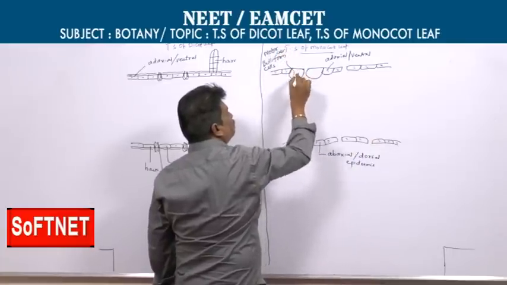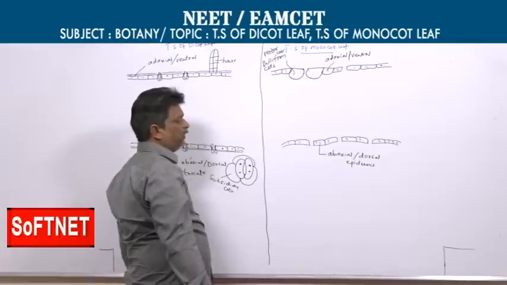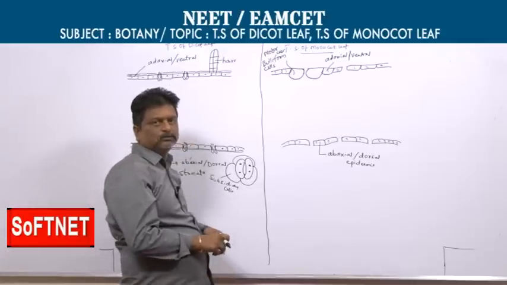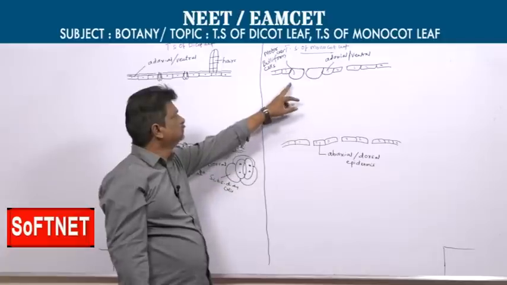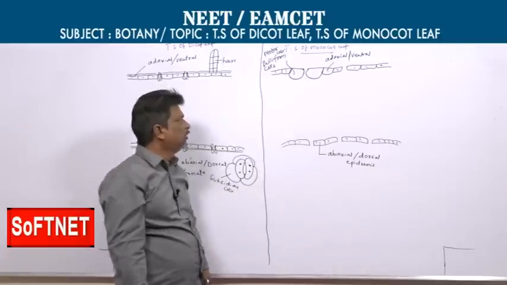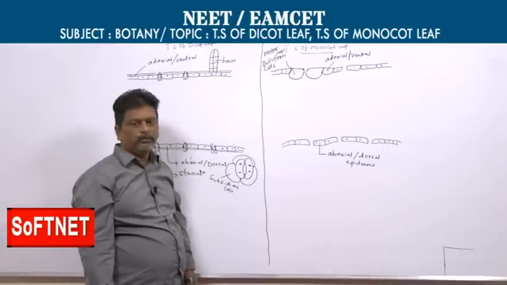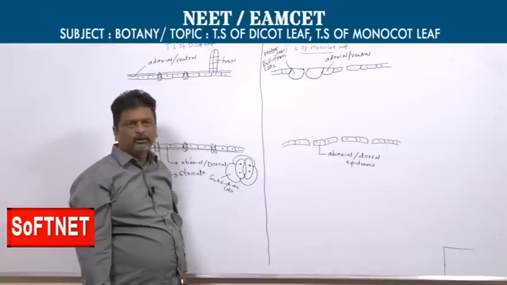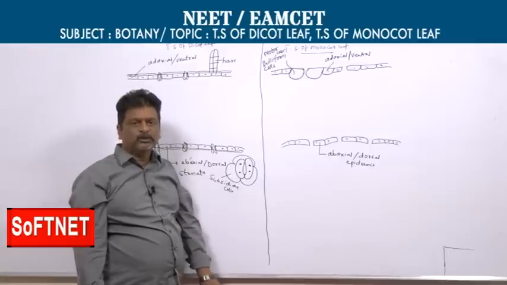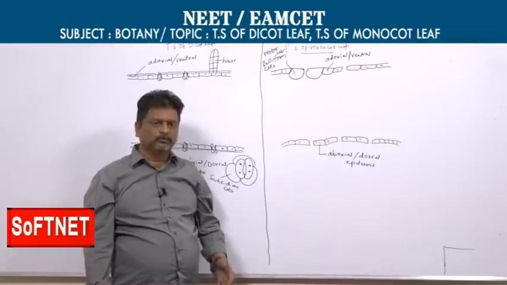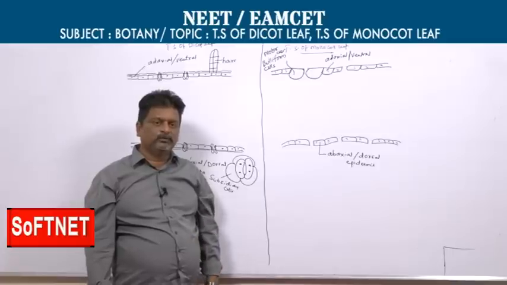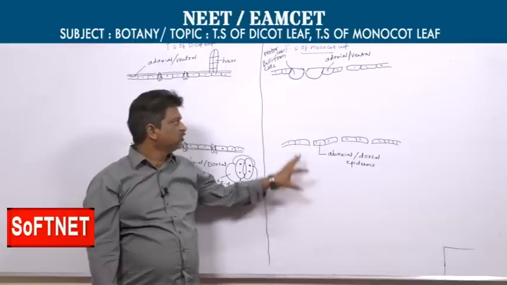They are hygroscopic and store water. Turgor changes in these motor or bulliform cells help in rolling and unrolling of the leaf lamina. It means in dry conditions, these bulliform cells roll the leaf lamina and reduce transpiration.